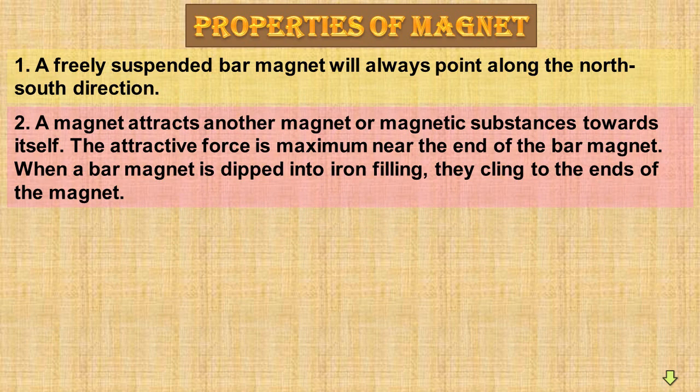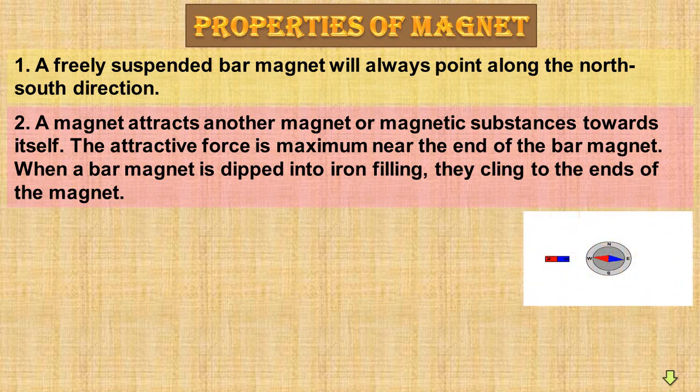The attractive force is maximum near the ends of the bar magnet. When a bar magnet is dipped into iron filings, they cling to the ends of the magnet. See, I have shown a bar magnet near a compass.